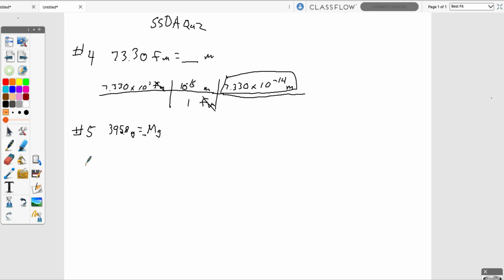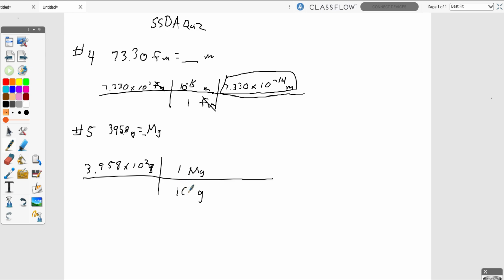All right, so let's set it up. 3.958 times 10. We made this number smaller, so this has to get bigger. Grams. Okay, that's ugly grams. There we go. Okay. And we're going to go 1 megagram. Got to get grams down here because that's what we're trying to get rid of.